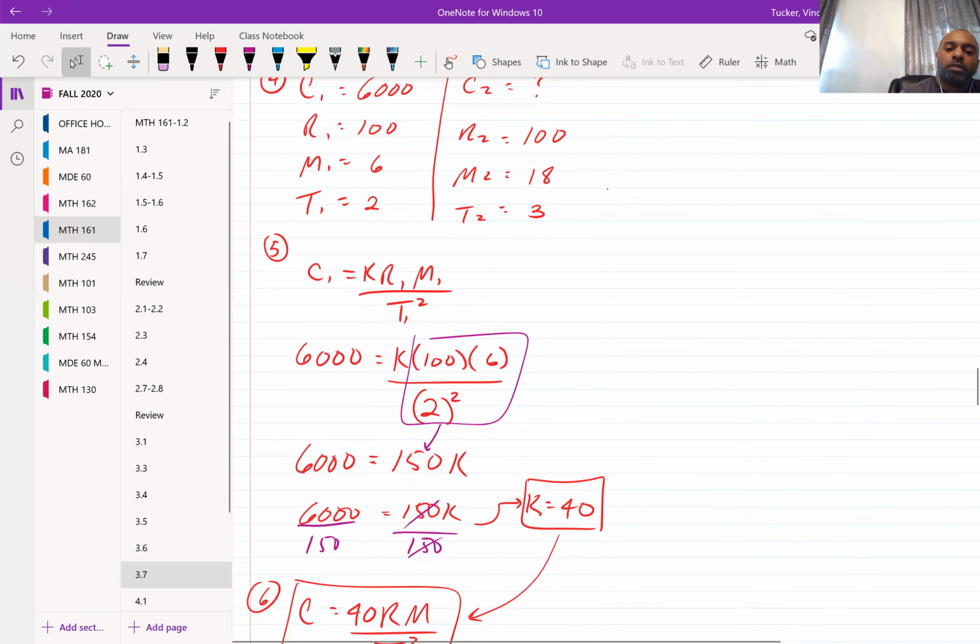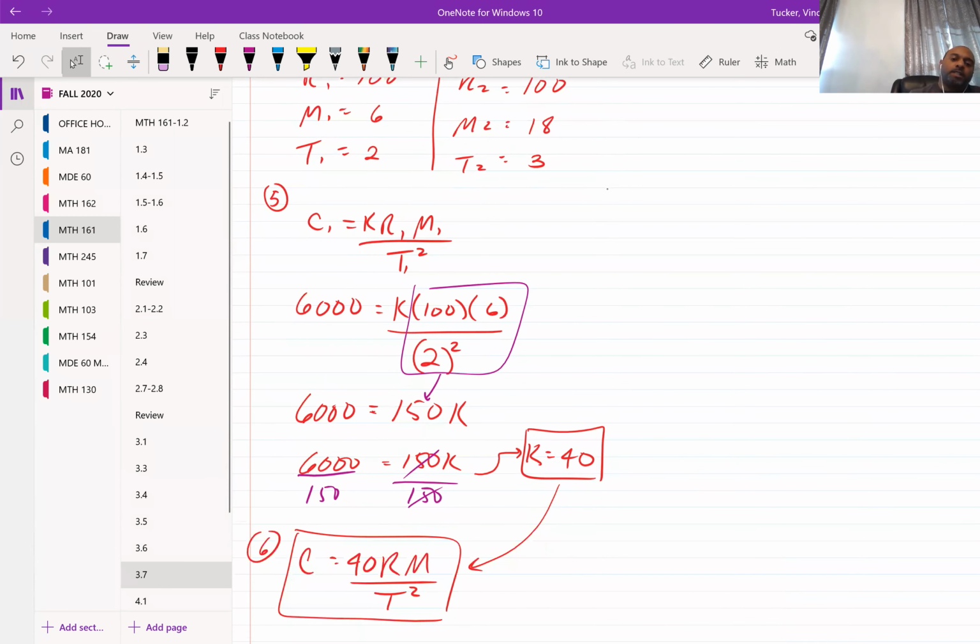All right. So our new formula, C is equal to 40 RM over T squared.